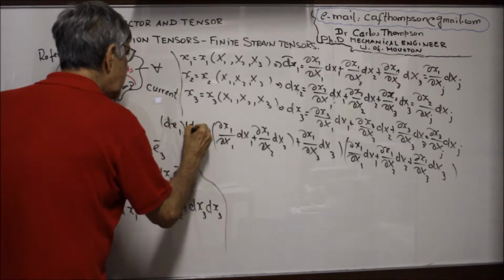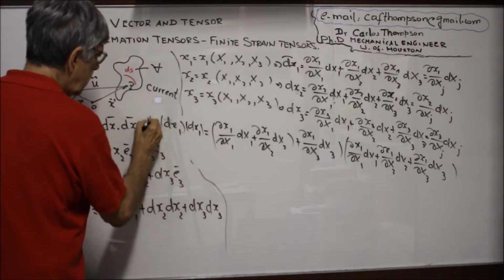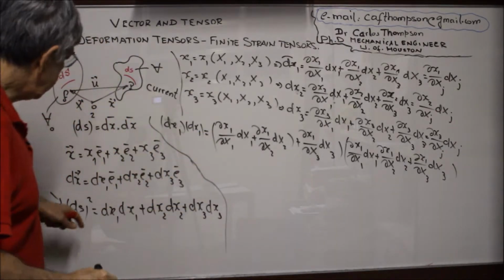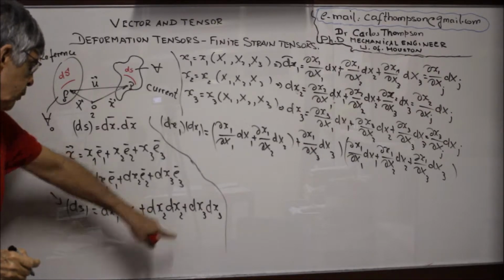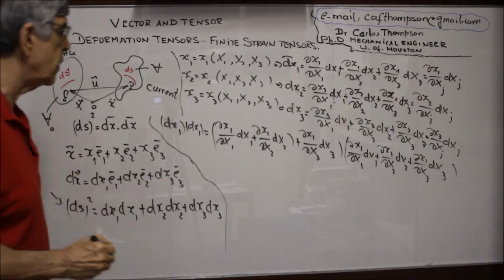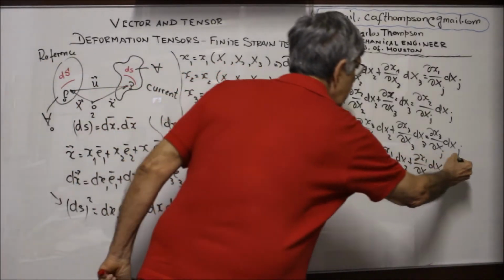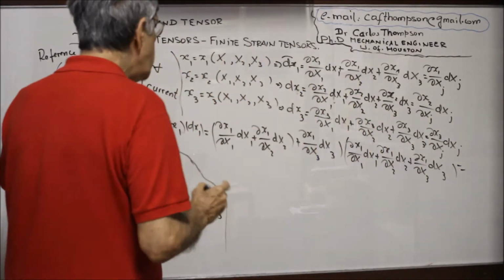Then after this I put dx2 times dx2 and so on. So here we'll have 9 components.